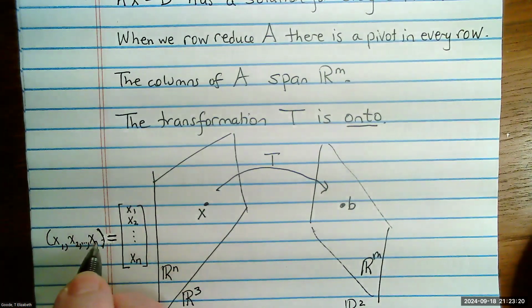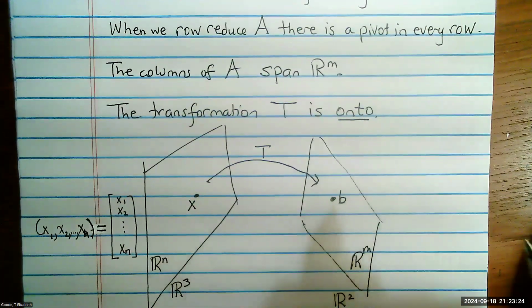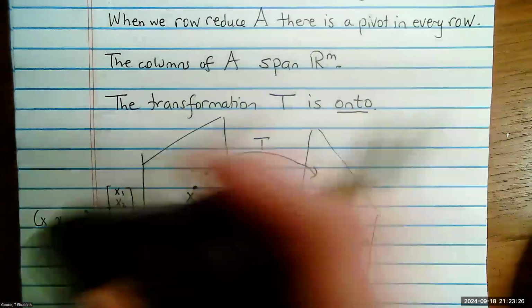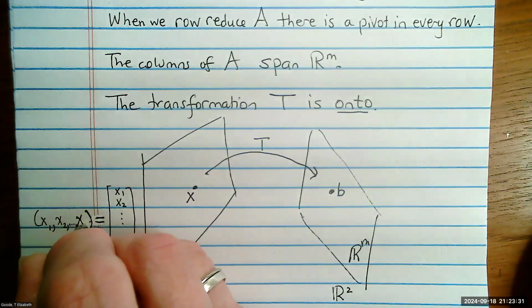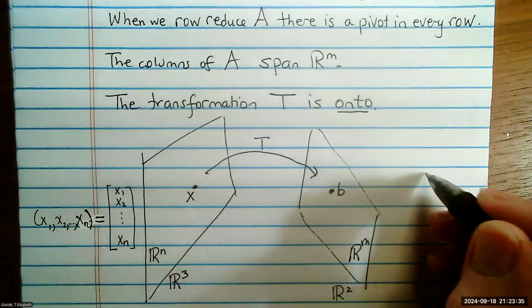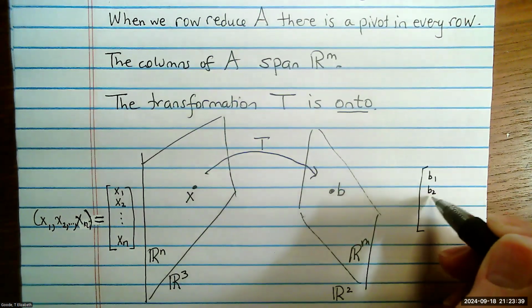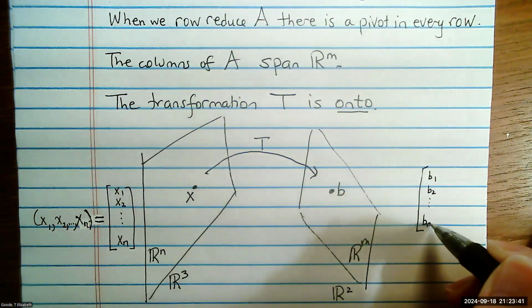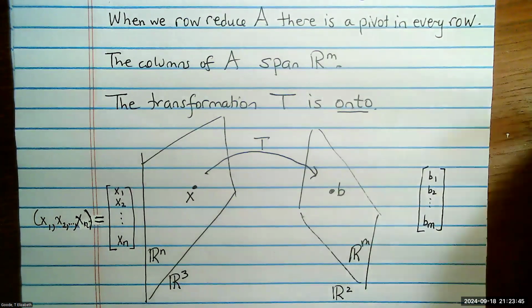The point is there are n coordinates. B we could write as a vector with b1, b2, dot, dot, dot, b sub m, because it's got m coordinates, because it's living in Rm.